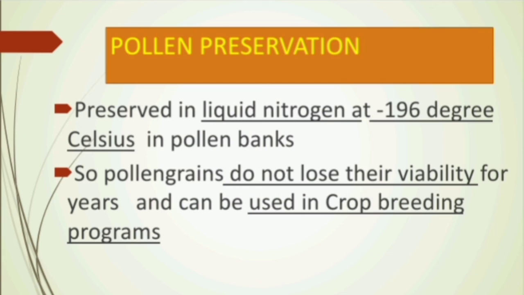Okay, so this is how pollen preservation is done by the experimental method. And the pollen grains do not lose their viability for years, so this is the ultimate job of pollen preservation. Another significance of pollen preservation is that we can use the preserved pollen grains in crop breeding programs. That means we can induce a new plant artificially by using this pollen preservation.